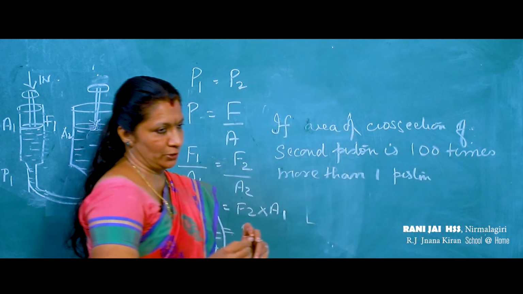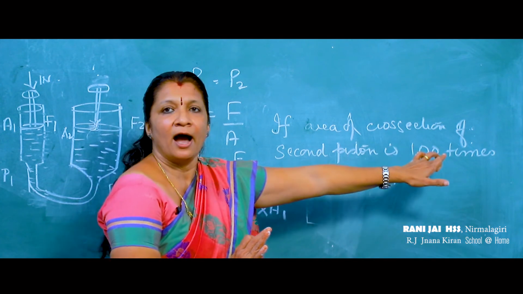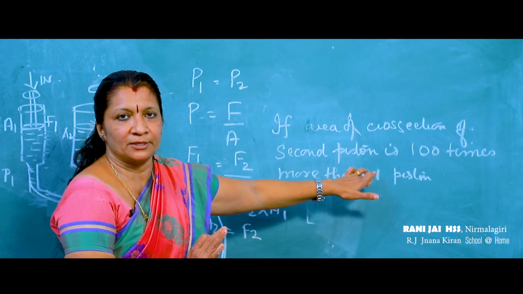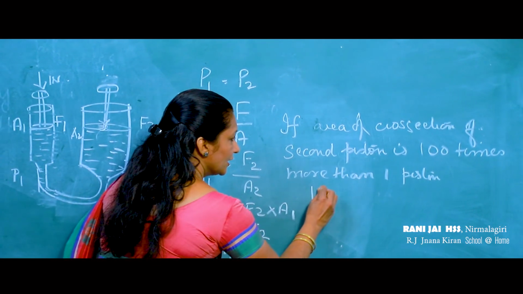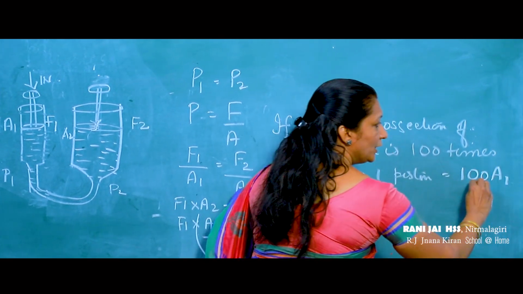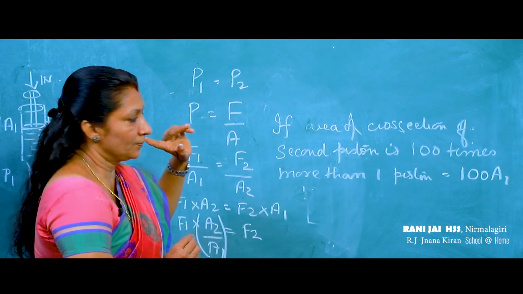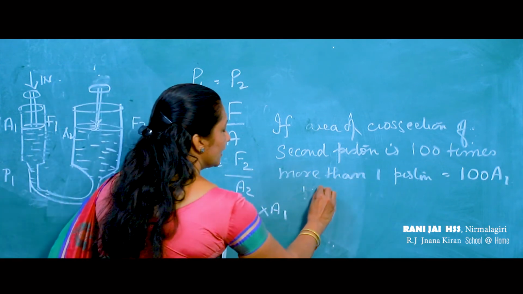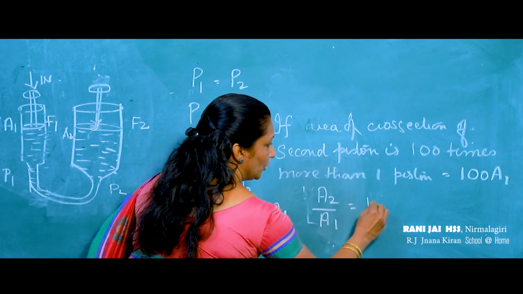I think you have understood. Then what will you write here? 100 times more. You can write A2 is equal to 100 A1. Understood? So in the next step we can write A2 by A1 is equal to 100.